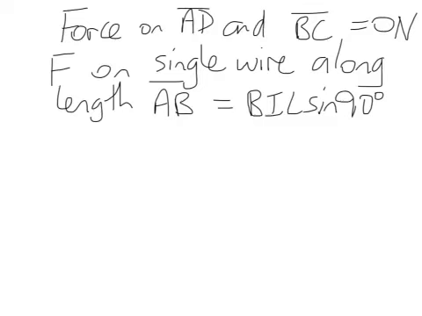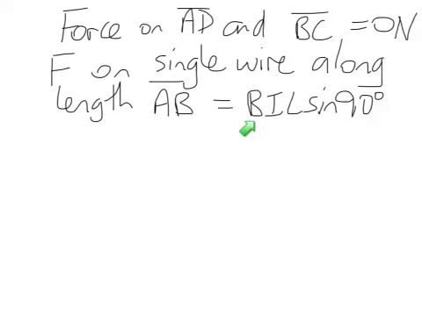If you look at the general equation for the force due to the magnetic field and a current along a certain length times sine of the angle, if the angle is 0 degrees, of course, the force is 0. But if we consider the force acting on a single wire along length AB to start with, we will have BIL times sine 90. Now sine 90, of course, is 1, so that's the maximum value that the force can take.